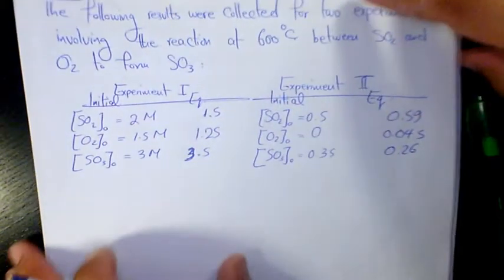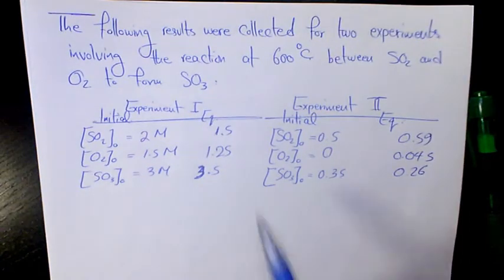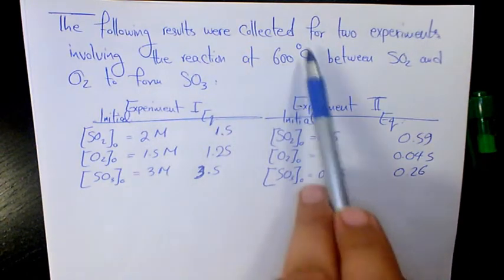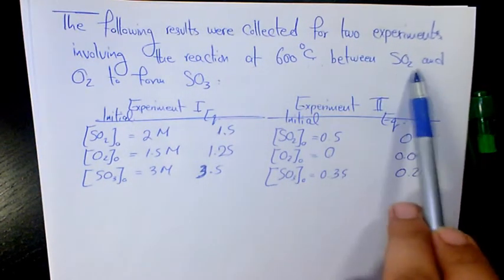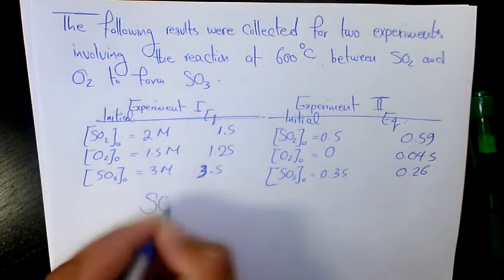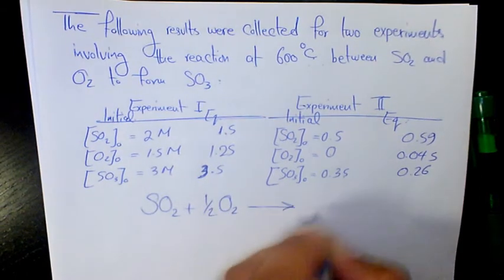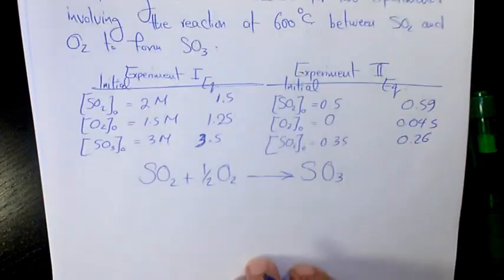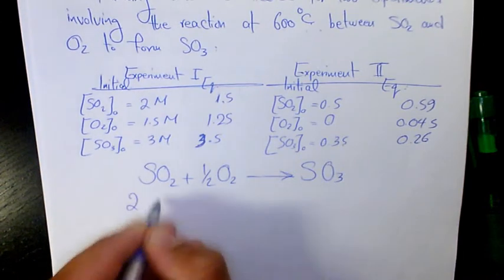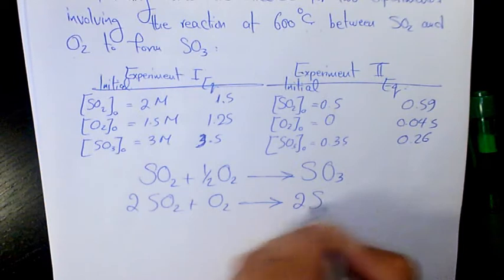Let's see the next example. It says the following results were collected for the two experiments involving the reaction at 600 degrees Celsius between SO2 and O2 to form SO3. So basically we have SO2 plus half of O2 gives us SO3, or you can say 2SO2 plus O2 gives 2SO3.